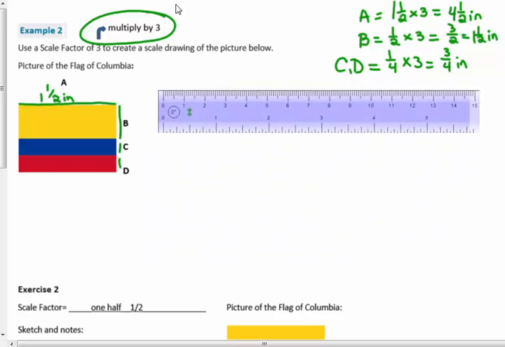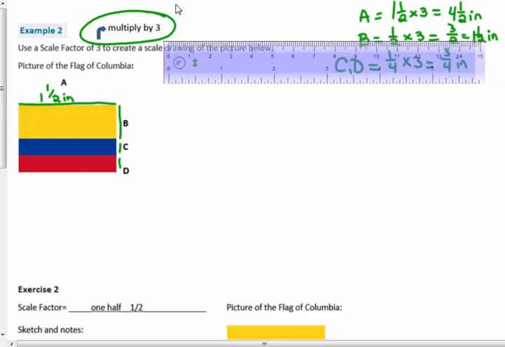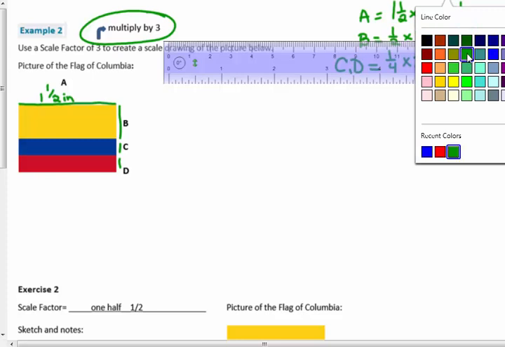We're going to make a side which is 4.5 inches. So I'm going to make my A side 4.5 inches long. I'm going to make it yellow, just like it is there.